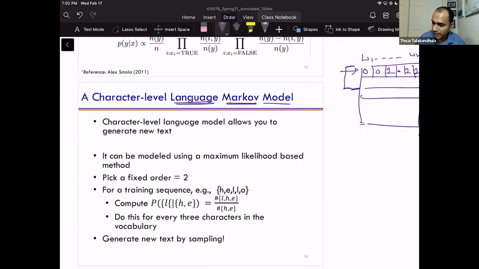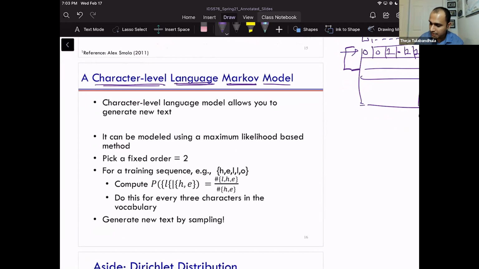In particular, we look at a character level model, but we can also have a word level model. Character level, word level, it just means at the symbol level, whether you consider the symbol to be just a character, like each alphabet, or you want to consider each symbol as a word itself, it's not important here. You can apply the same model at any level. So a character level language model is as follows.